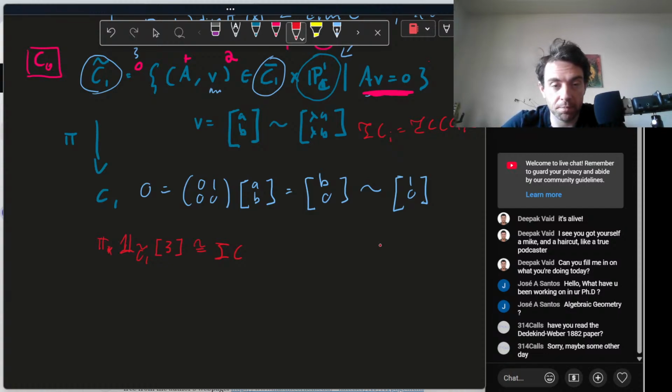So what am I saying? This will be IC0 with some multiplicity M0, summed with IC1 with some multiplicity M1, summed with IC2 with some multiplicity M2.